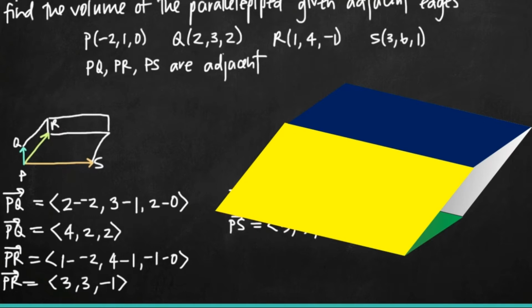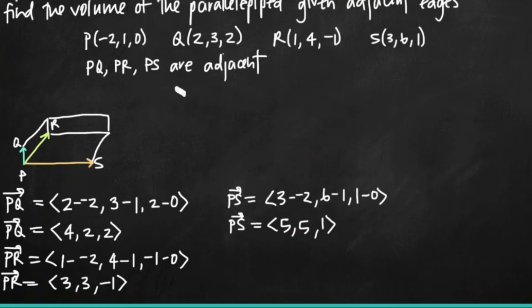Then we shall also get vector PS, which is OS minus OP. So we have 3 minus negative 2, 6 minus 1, and 1 minus 0. So 3 minus negative 2 is 5, 6 minus 1 is 5, and 1 minus 0 is 1. So we have got our 3 adjacent vectors.